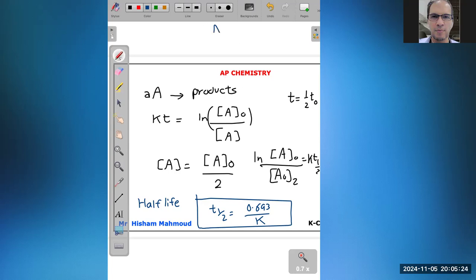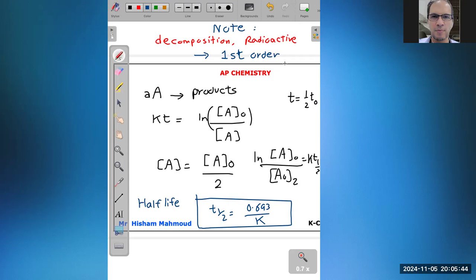And pay attention to this note, a very very important note. Whenever he mentions decomposition or mentions radioactive substances in the exam, this means that it is first order. Abdullah, he is not going to tell you directly that it is a first order reaction.